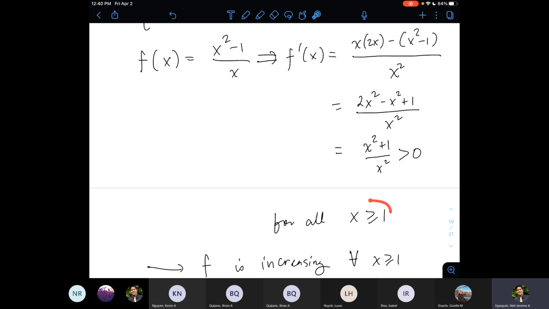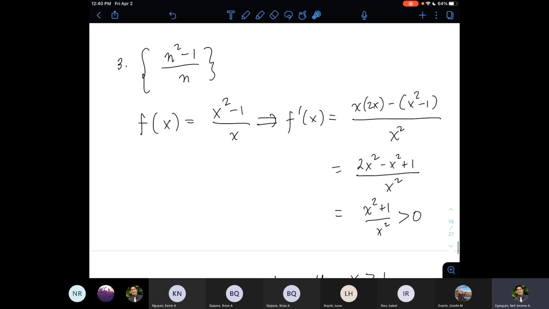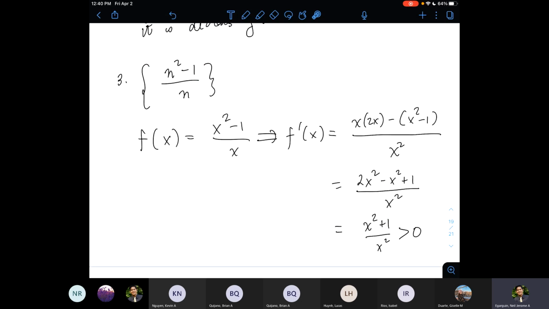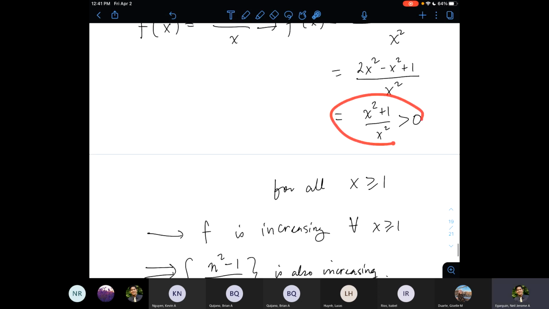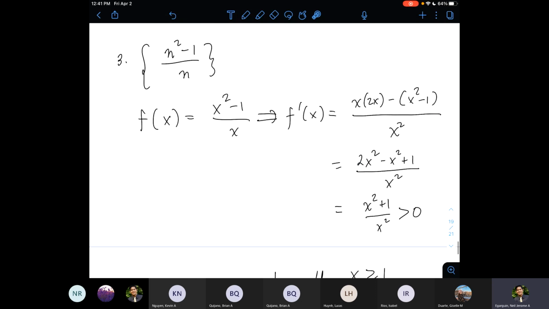I'm only concerned with x's greater than or equal to 1 because remember, we are dealing with sequences, and sequences take on values from 1, 2, 3, 4, and so on, right? So you can say that the function f is increasing everywhere because the derivative is always positive for any x. And since it's increasing everywhere, if I restrict it to the positive integers, then it will still be increasing. All right. So that's why sometimes looking at the derivative will be helpful in determining whether it's increasing or decreasing.